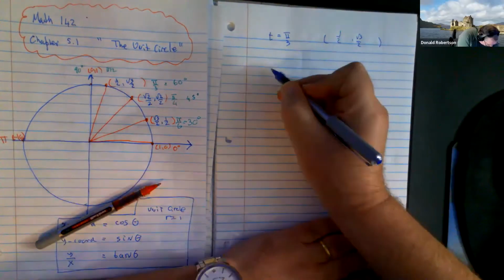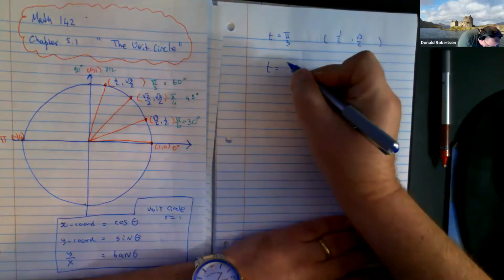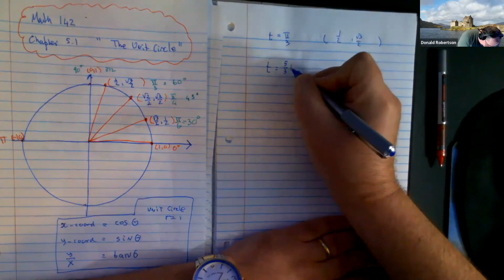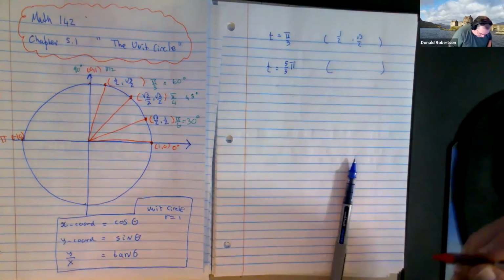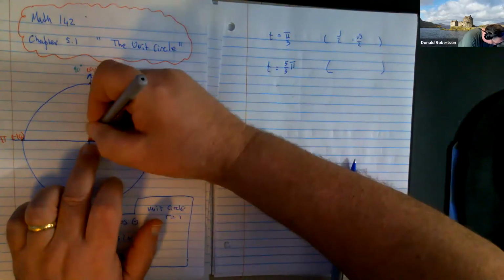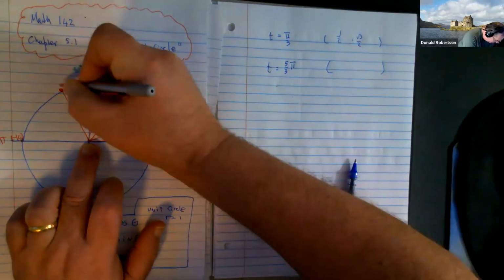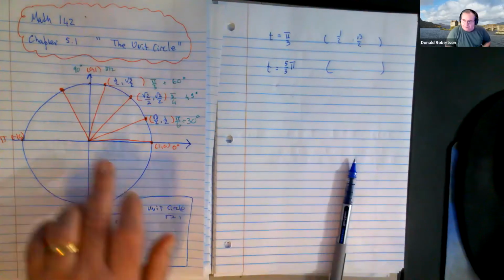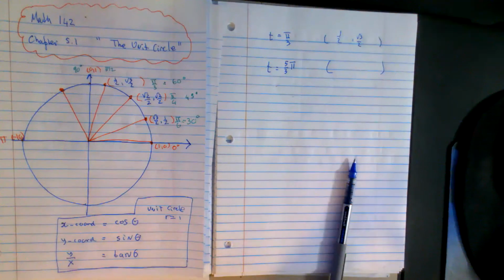Okay. Now I'm going to pick one that is not on my picture. If I wanted to do 5 pi/3, can you trust me it would be about here? Now, if you've got a completed unit circle, 5 pi/3?